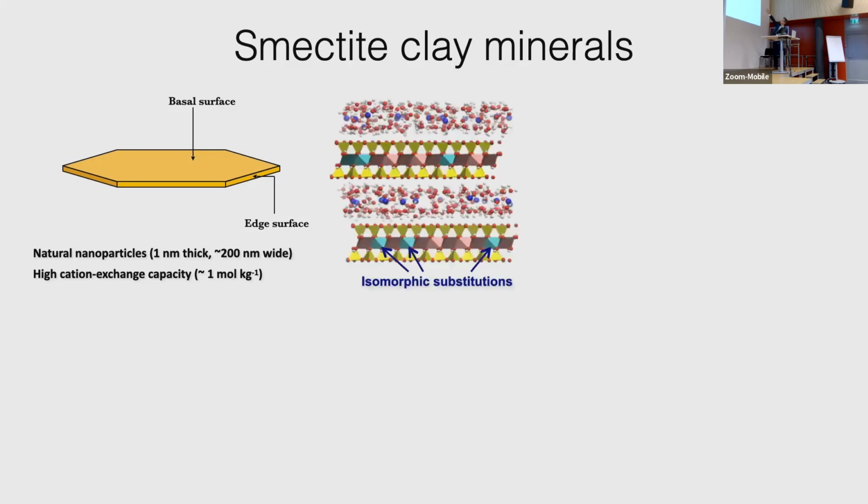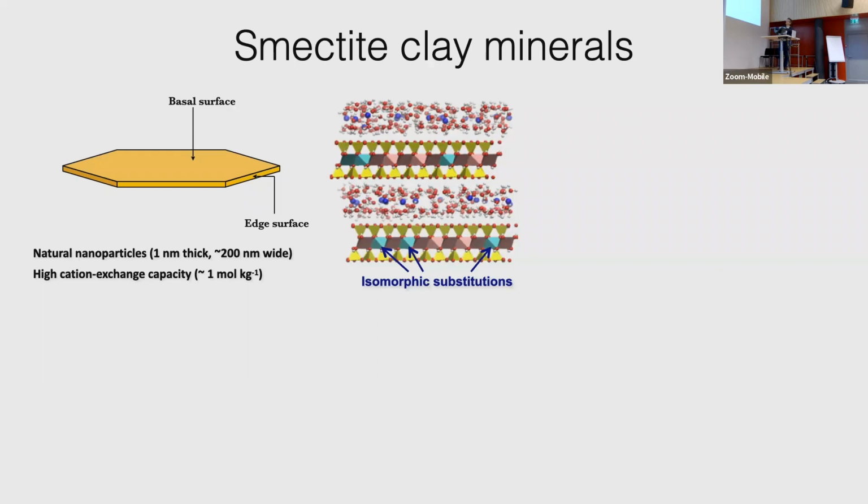Here I'm showing a cross-section of this phyllosilicate structure, where the yellow shapes are SiO4 tetrahedra. The pink shapes are AlO6 octahedra. And some of these AlO6 octahedra have been replaced by MgO6 octahedra, which gives rise to negative charge in the crystal structure. The atomically smooth basal surface, this plane of siloxane oxygen atoms, is so chemically unreactive that these isomorphic substitutions can give charge to the mineral without causing the mineral to fall apart.